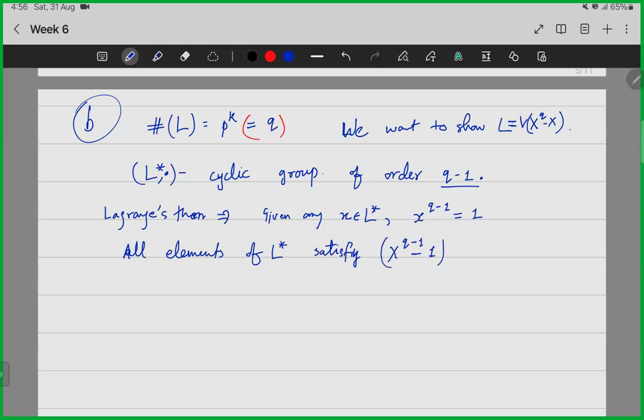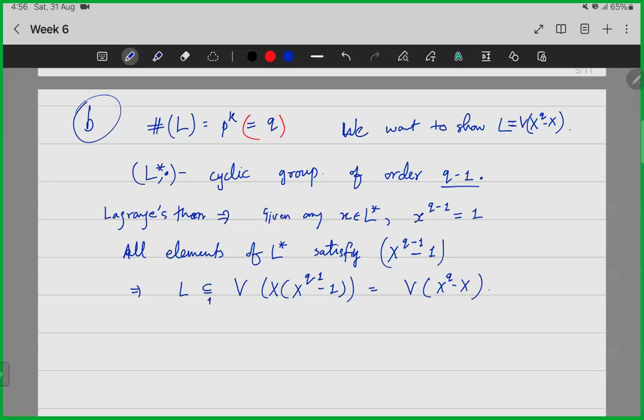Now, if you add 0 also, a factor of x will come in, right? So this implies every element of L is contained in the zero set of x times x power q minus 1 minus 1. Okay, this is just the zero set of x to the q minus x, but this is an equality.